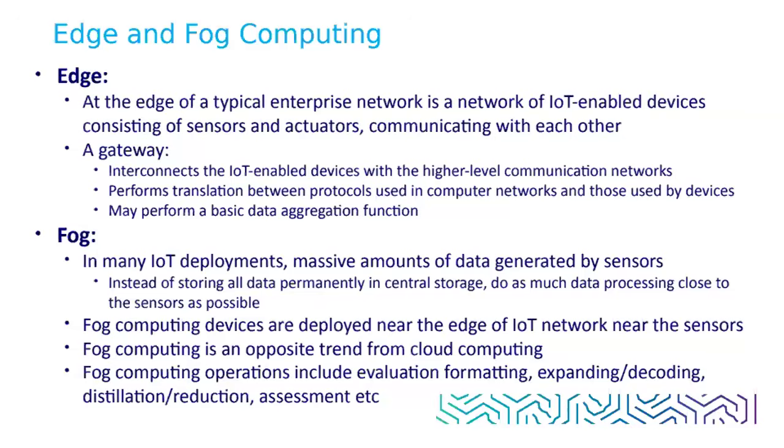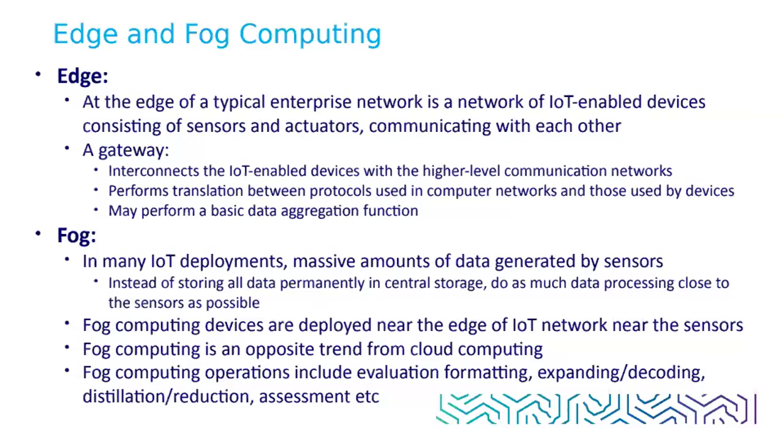Here, the first thing is edge computing. Edge computing is the mechanism for performing computing at the edge of the enterprise network, where IoT devices like sensors and actuators are operating.